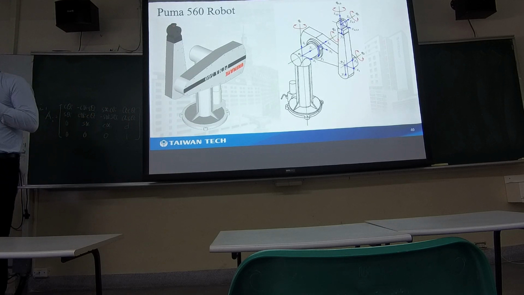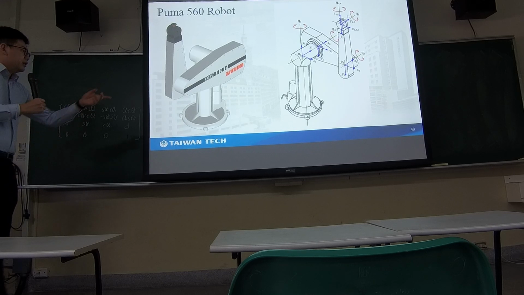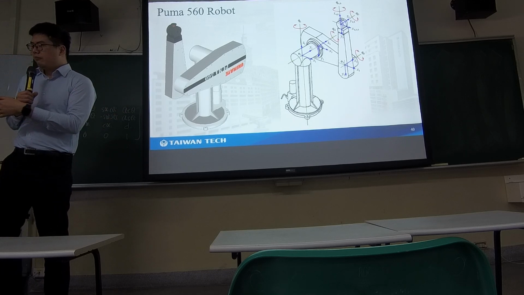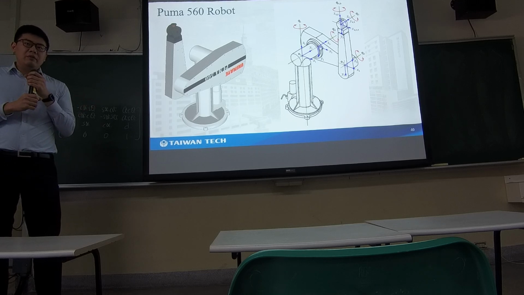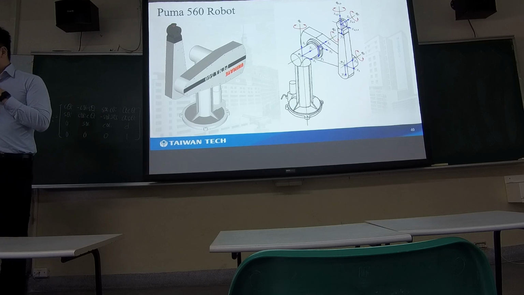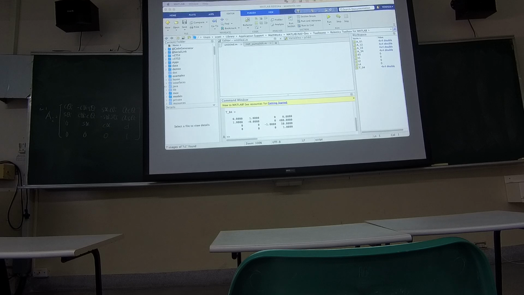So the number 4 rule will be optional. And this model is also in the Robotics Toolbox for MATLAB by Professor Peter Corke. If you are interested, I think last week we already showed you. So it's the model, this one.